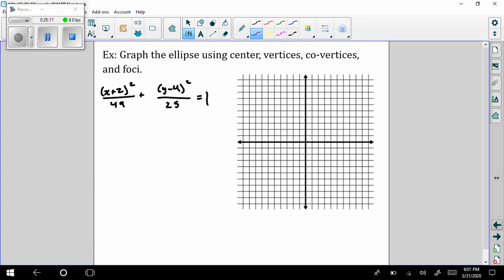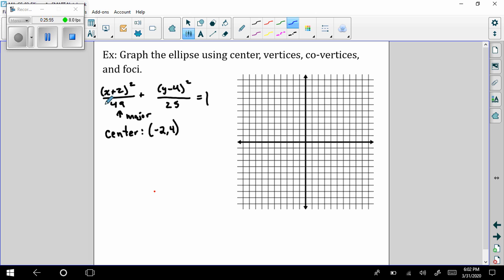All right, so on this one, my major axis is horizontal. There's my largest number underneath the X value. So my center for this one is at -2, 4. I know that now I've got to calculate my A values, my B values, and my C values.